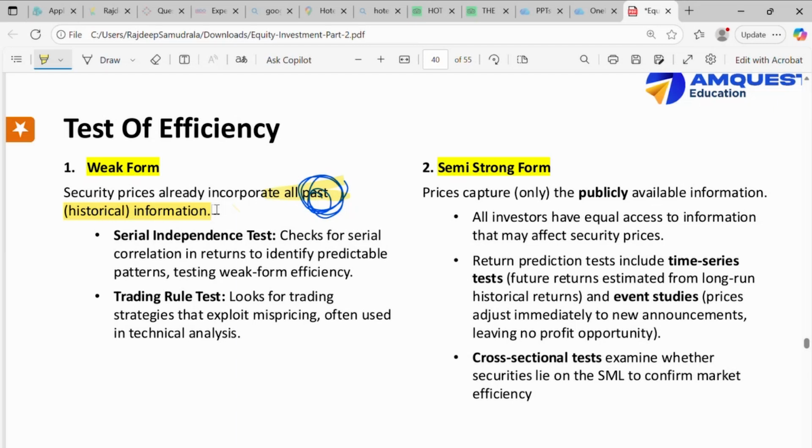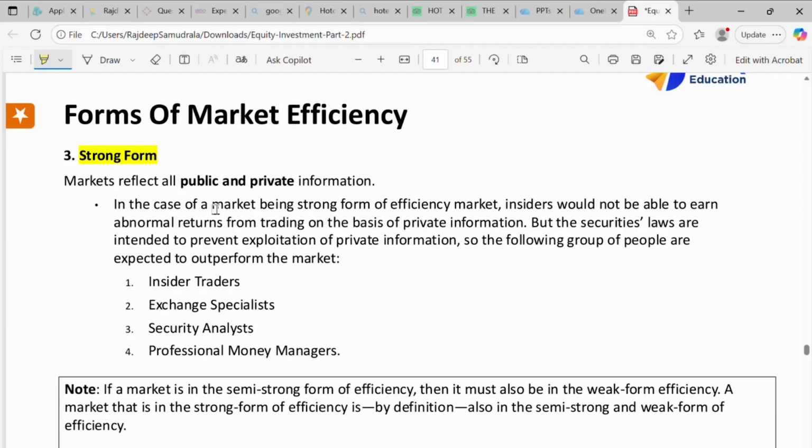And obviously, present means that which is available in the public domain, which is already disclosed to the market and announced. Right? Then if we come to strong, what does strong do then? Strong will reflect past and present, but not just present information that's publicly available, but present information that is also not yet publicly made available.